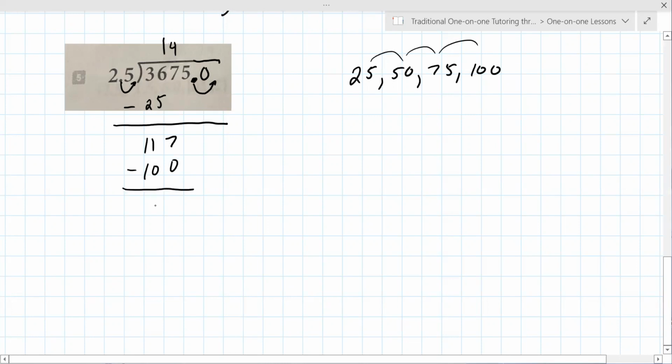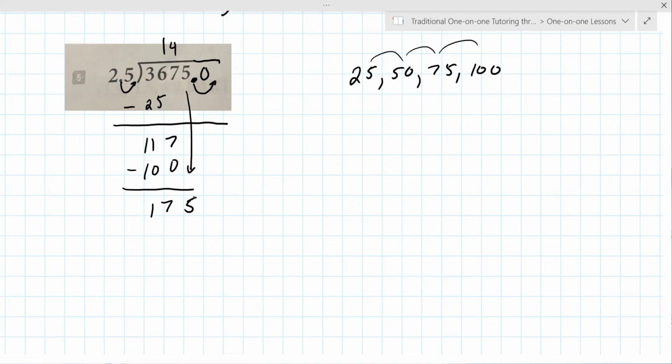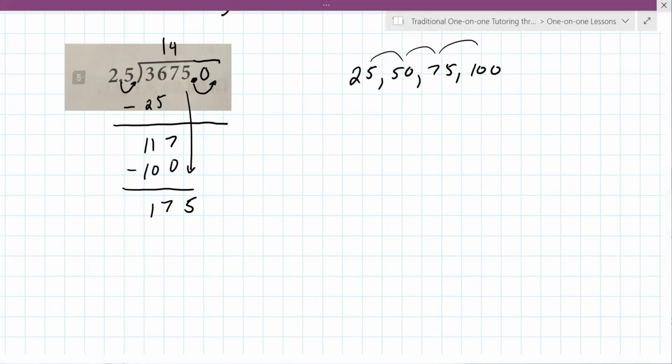You subtract. 17. Bring down the 5. 175. Then that can go in 8 times. Hang on, 8 times is 200. Oh, sorry. It can go in 7 times.